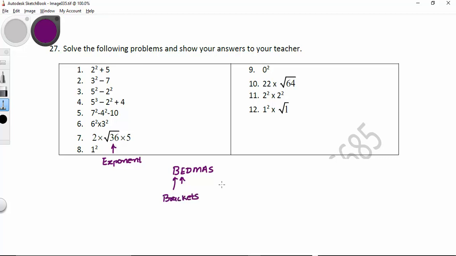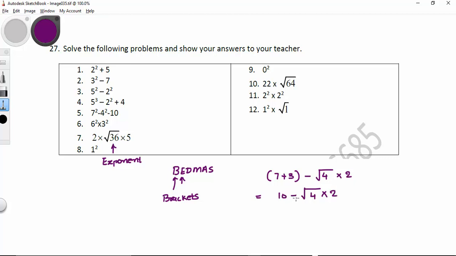So for example, 7 plus 3 within the pair of brackets minus square root of 4 times 2. Then the brackets will have higher priority, which means I have to solve this first. So this is equal to 7 plus 3 is 10 minus square root of 4 times 2.